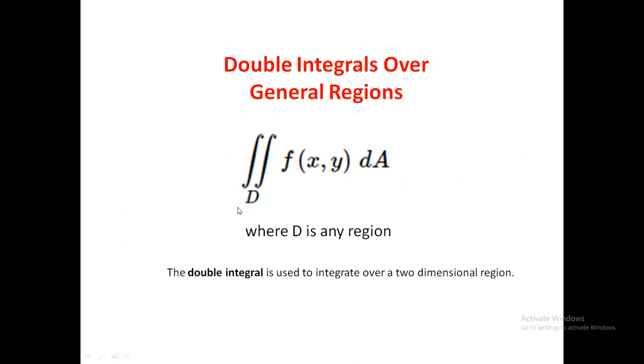And the way it's written, it's like this, meaning you are determining the area of a particular region. Okay? That region is represented by D. This f of x and y simply is to be interpreted as a function which does not only have the x variable or the y variable, but has both the x and y variables on it.